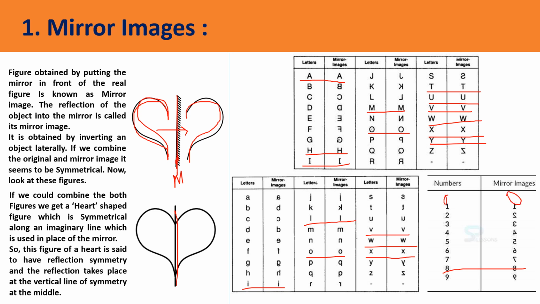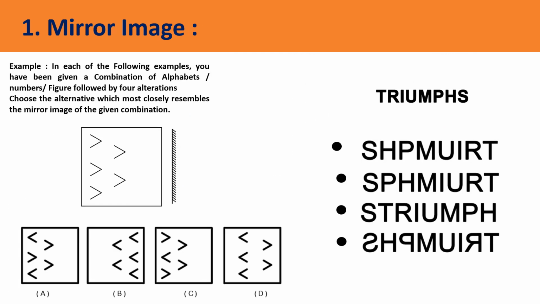Now coming to the problem. In each of the following examples you have been given a combination of alphabets, numbers, or figures followed by 4 alternatives. Choose the alternative which most closely resembles the mirror image of the given combination. As you can see, this is the question figure and these are the answer figures. In this we have 5 V's. Let us try how it will look when inverted into a mirror image.